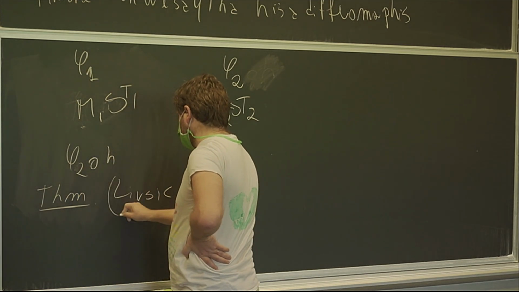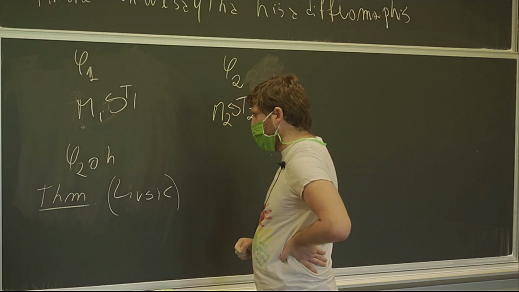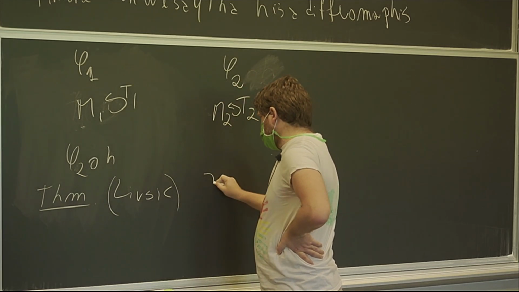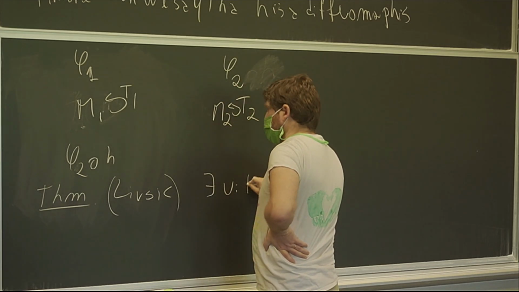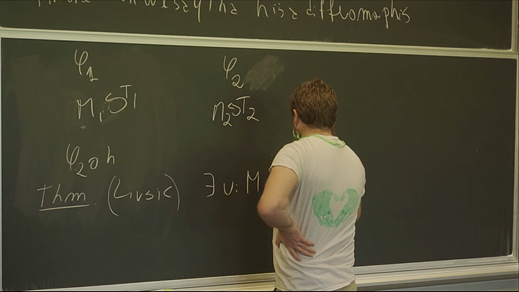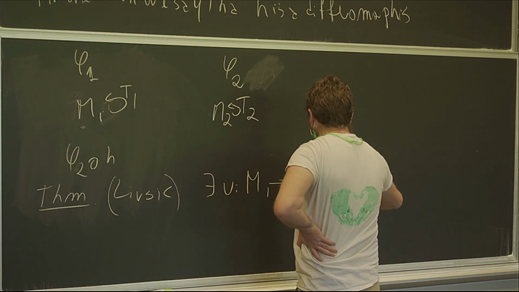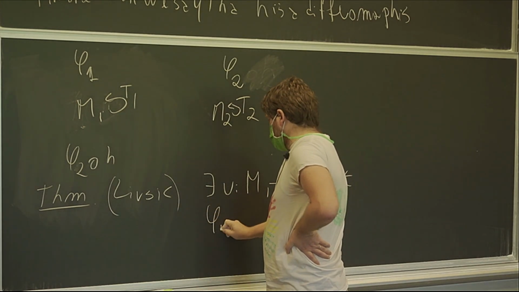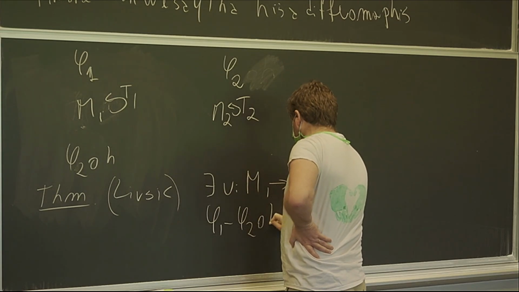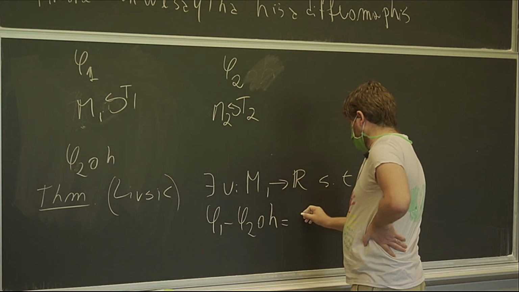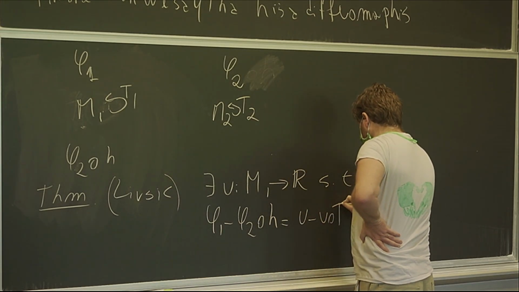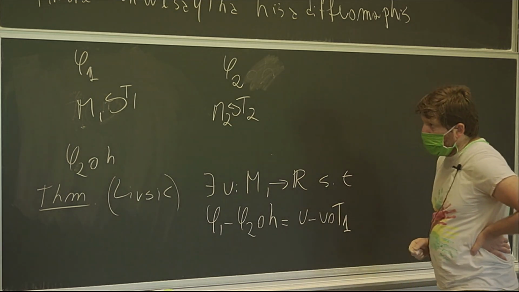which says, again, in the 70s, that there exists U from M1 to R such that phi1 minus phi2 composed with H is U minus U composed with T1.